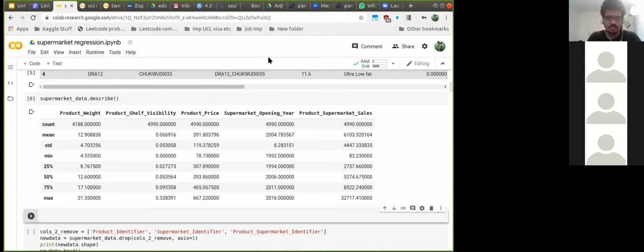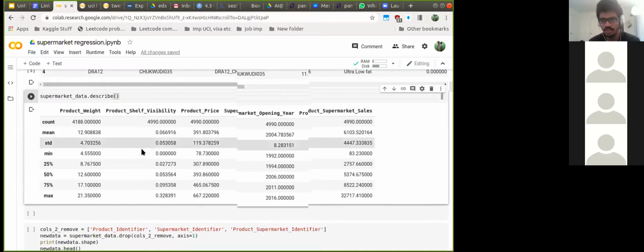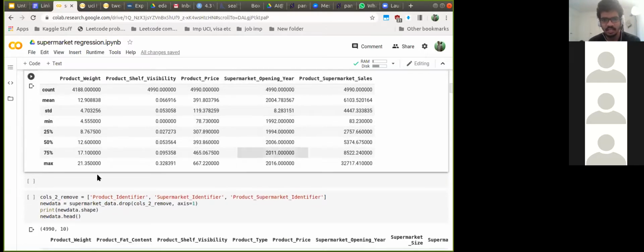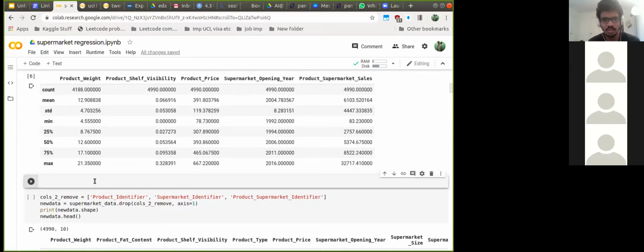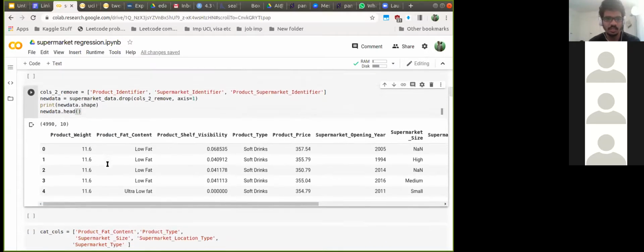So I just have this describe method being called on the data, and it gives us a lot of information already. We know the mean, standard deviation, and minimum, maximum for each numerical feature only. So this is just for numerical features, and this is quite good. But we want to see the actual distribution of each variable. We'll see how to do that.